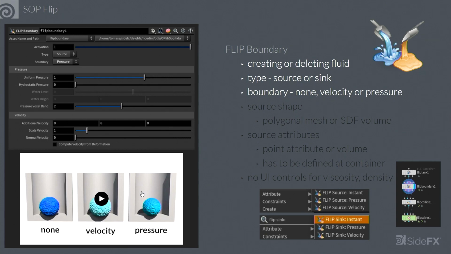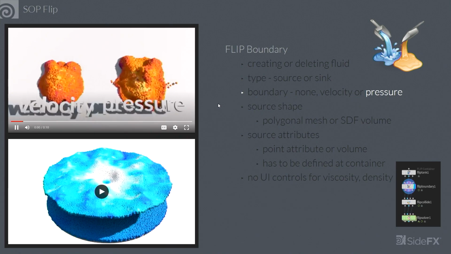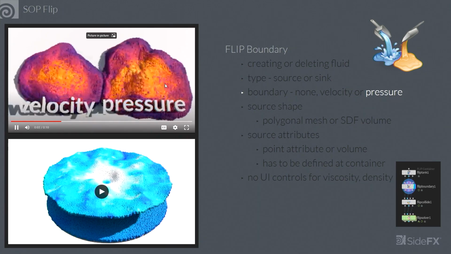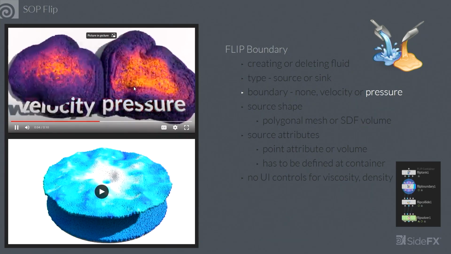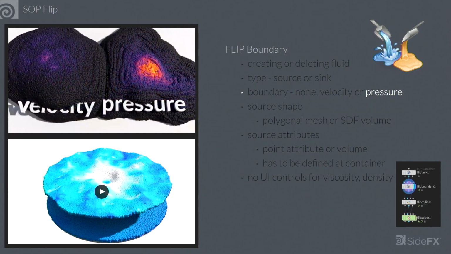The pressure source is kind of a new thing. To give you an idea why it might be useful, in my cases, the pressure source usually creates more lively simulations.